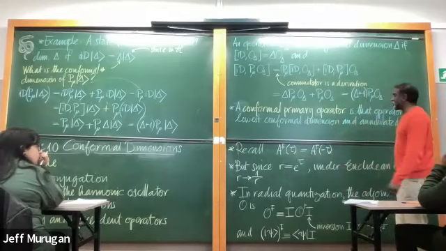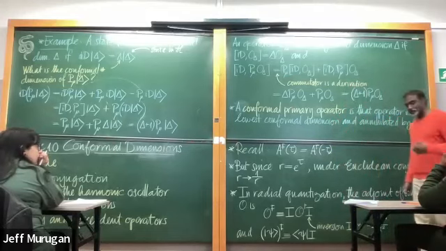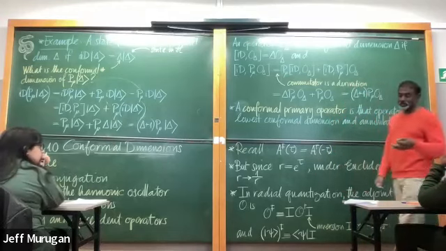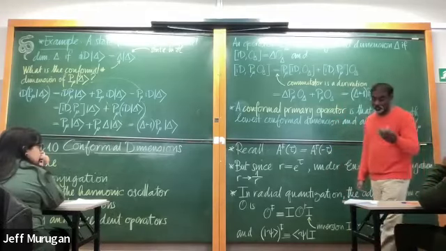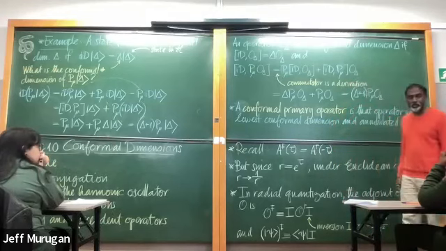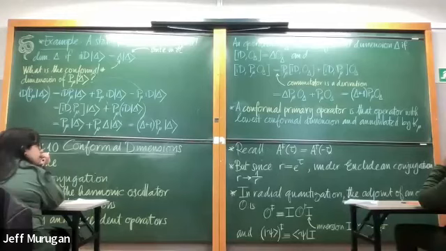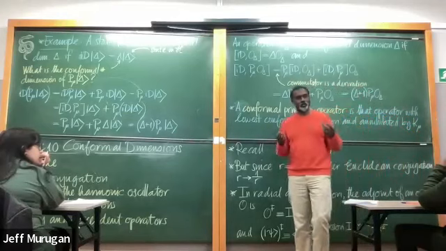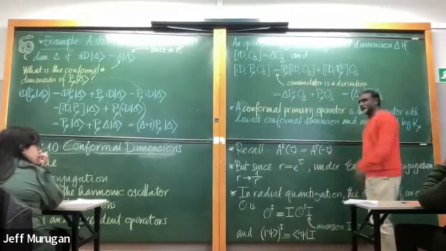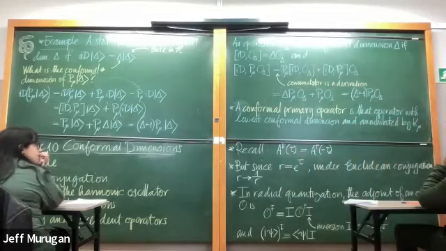And what we're going to learn shortly is that conformal primary operators, their dimensions and their spins, constitute the basic data that you need to properly define any conformal field theory. So what we're going to be building towards is something called conformal bootstrap, which is the process of identifying the basic data that I need to fully specify any conformal field theory. So what we're going to learn is that if I give you all the conformal primaries of a theory, plus their spins, plus their conformal dimensions, then that's it.